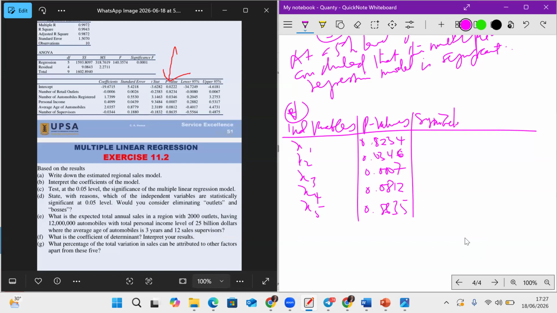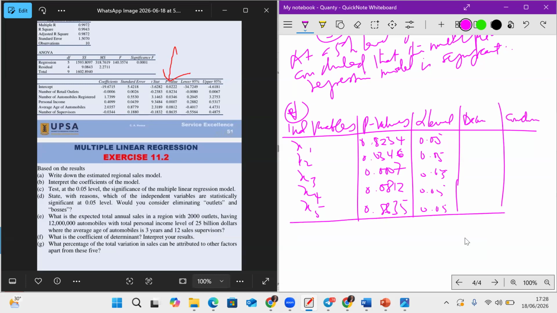Significance level, or you can just write alpha level. Anyone who takes the document should understand alpha level. What is our alpha level? 0.05, 0.05, 0.05, 0.05, 0.05. Then you write here the decision rule, then write a conclusion. So what is our decision rule?